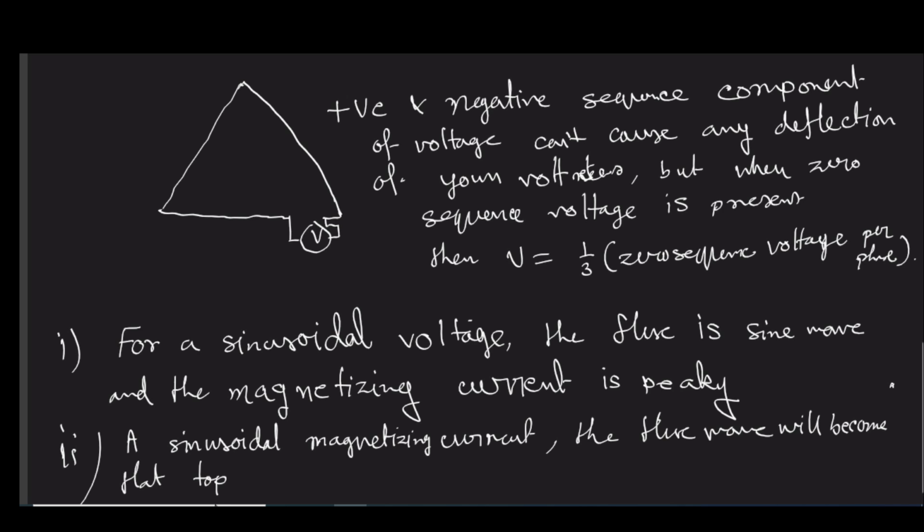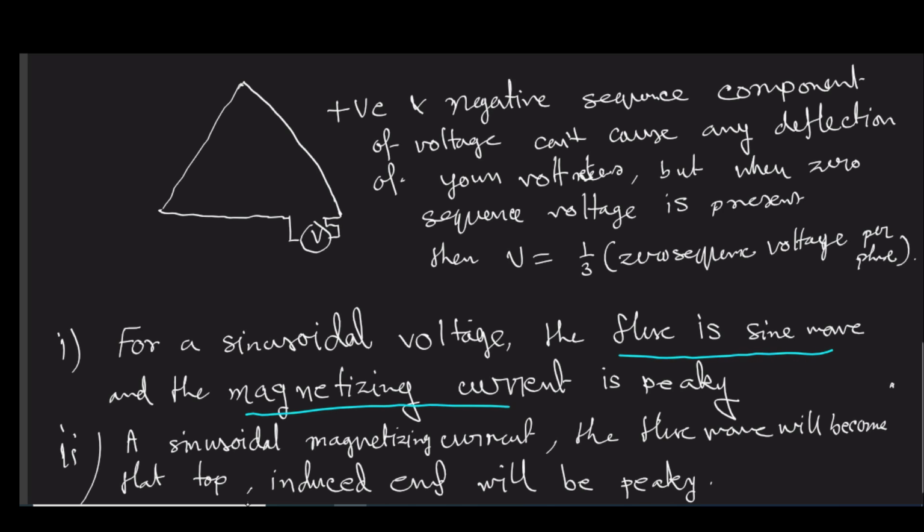So what would happen if that flux wave becomes flat top? The key thing here is that if flux is a sine wave, then you need a peaky magnetizing current, or otherwise you have a zero sequence component present in your magnetizing current.